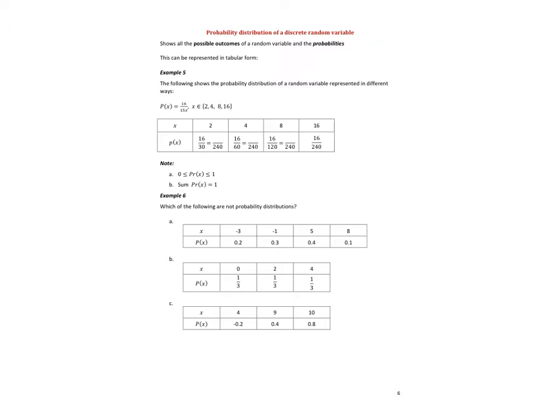All right, if we're going to talk about discrete random variables, up till now we might have tossed a coin 3 times and we've just listed the outcomes, haven't we?